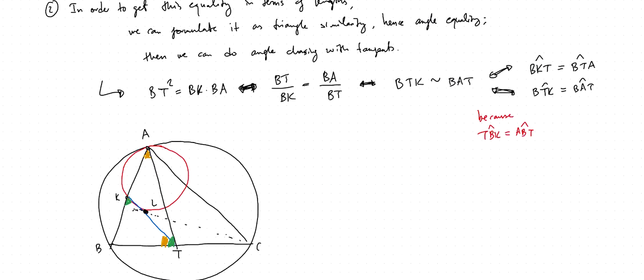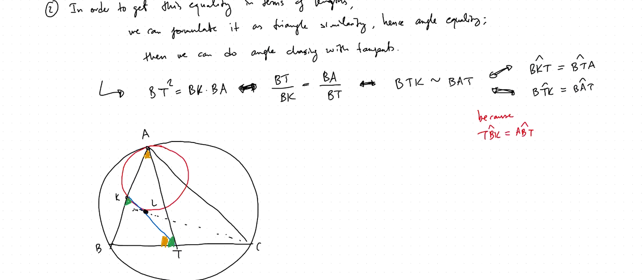If you imagine the circumcircle of AKT, I don't want to draw it, in order to not complicate. BK times BA is the power of that point, and if it is tangent, BT squared is also the power. We would get this equality. And the converse is true, because if it is not tangent, then the power would be BT times something different from BT. So this is equivalent to this tangency.